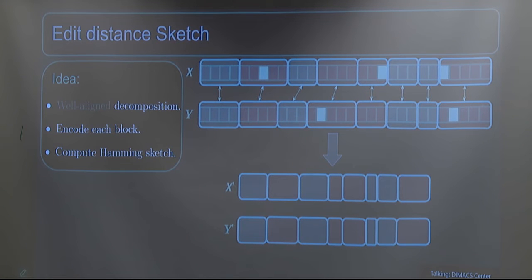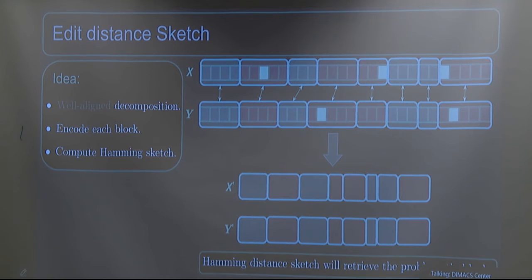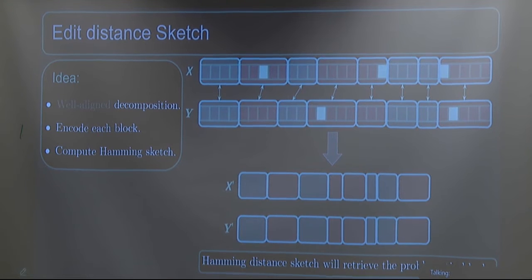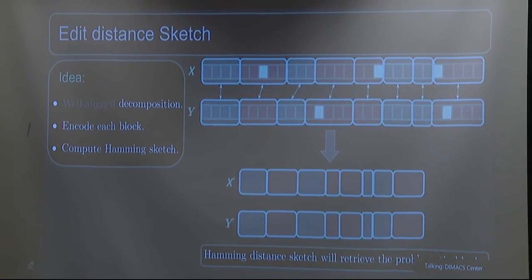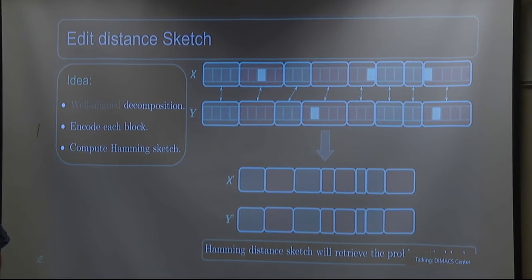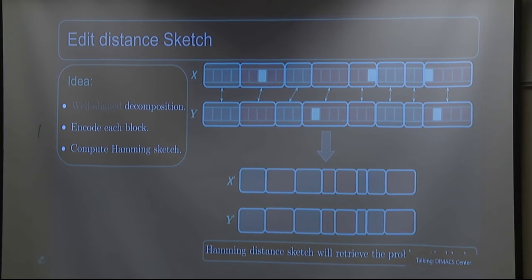So the number of Hamming errors that we will get is O tilde k squared. So we can use an O tilde k squared size Hamming sketch to recover those blocks. Once we recover the blocks, we can compute the edit distance of the blocks. This is how we construct our sketch.